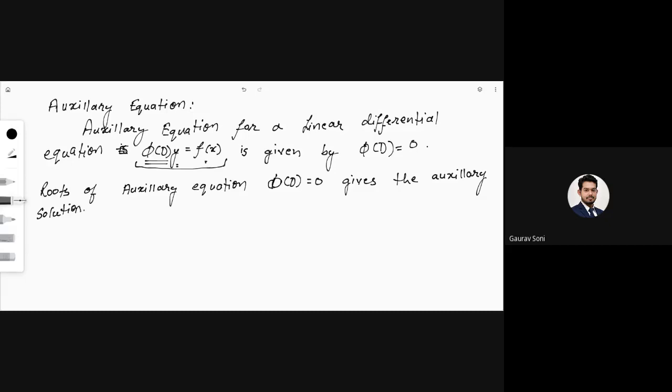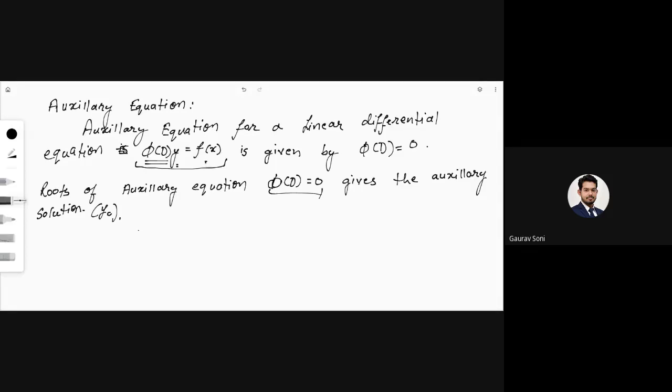So what we will have to do is find the roots of phi of D is equal to 0. Whatever the roots are, depending on that, we will write down the auxiliary solution. The auxiliary solution is denoted by yc. So I will write down the cases now.